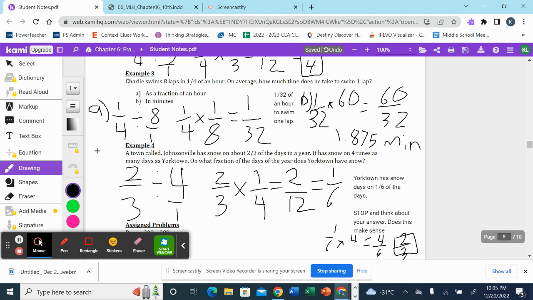So it works. 2/3 divided by 4 is equal to 1/6. 1/6 times 4 equals 2/3.